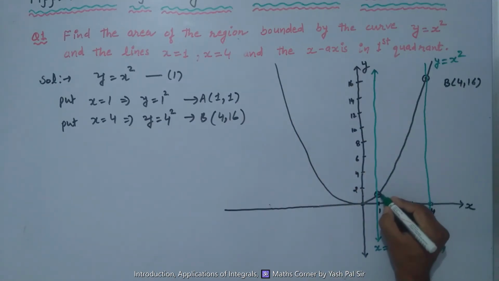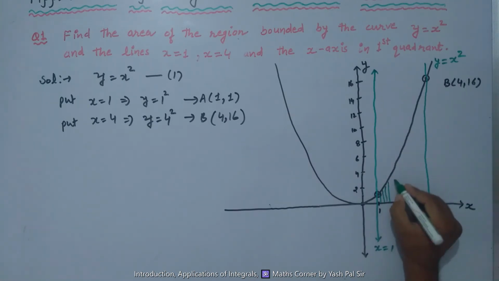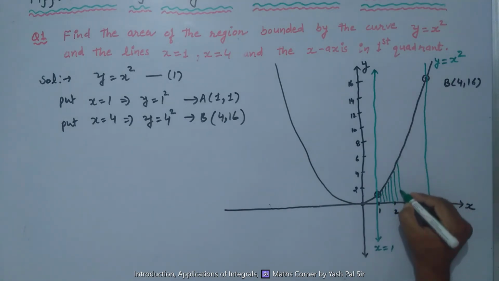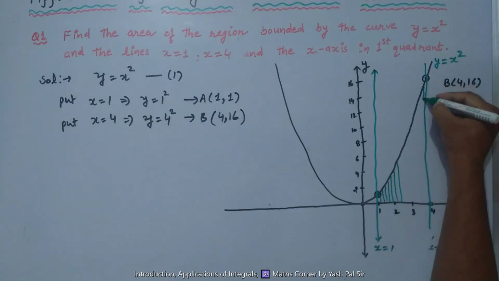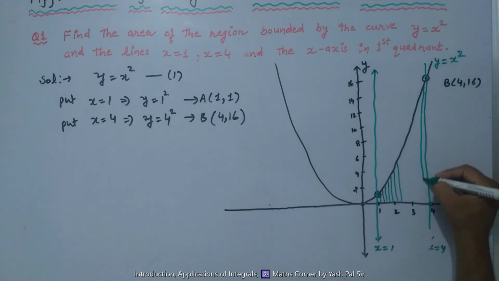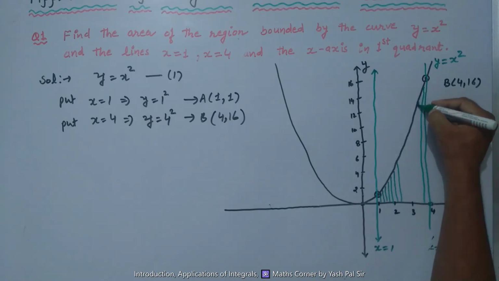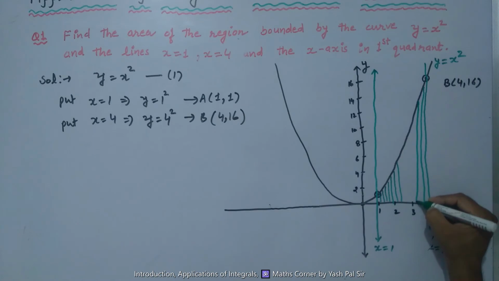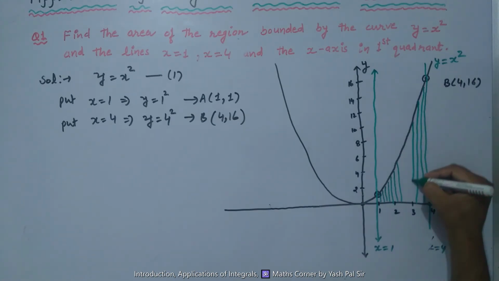That area is this portion, the portion which is being shaded here, right? So this way we have shaded the area which is required to be obtained, right?